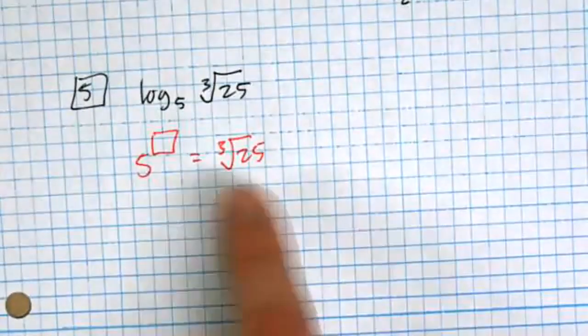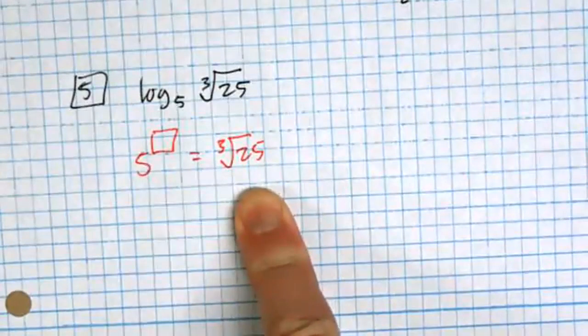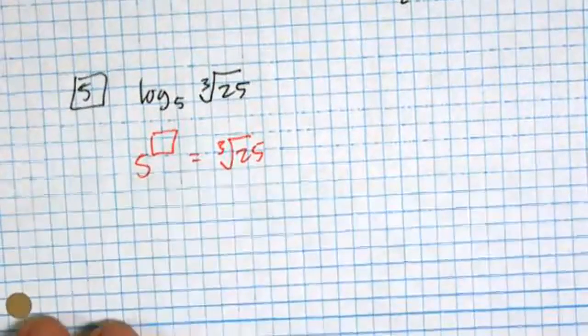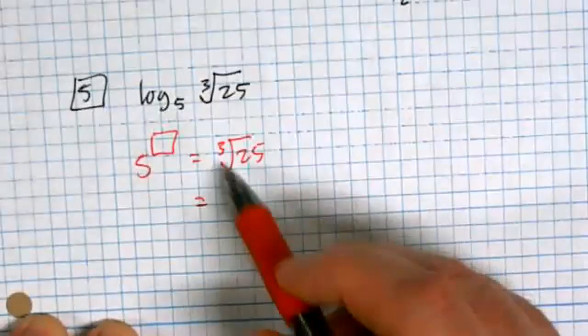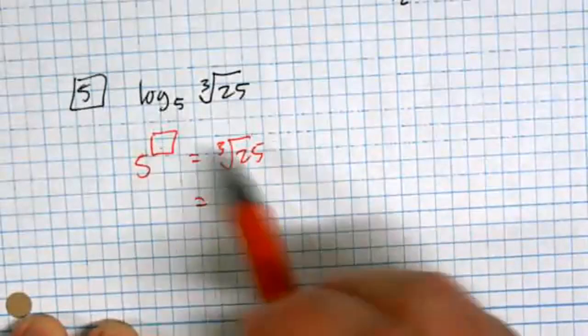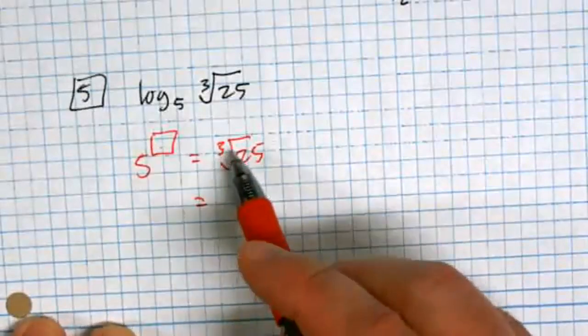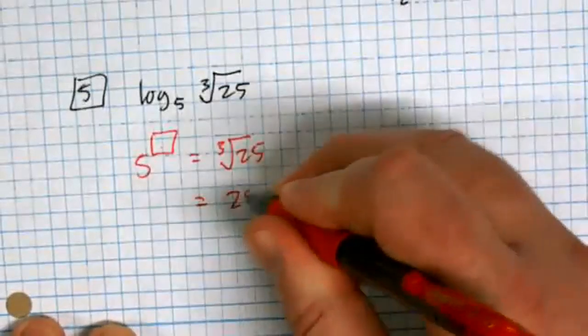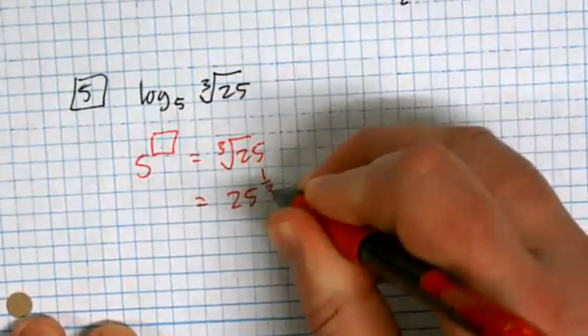Okay, and then to do that, I'd probably do some work on this slide. Oh, actually, let's just do it right now. So what we might do here is think about anytime I'm trying to get an exponent and I see radicals, I want to turn this radical into an exponent. So let's make this 25 to the 1/3 power.